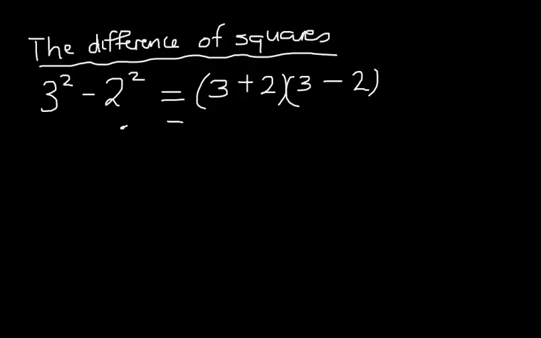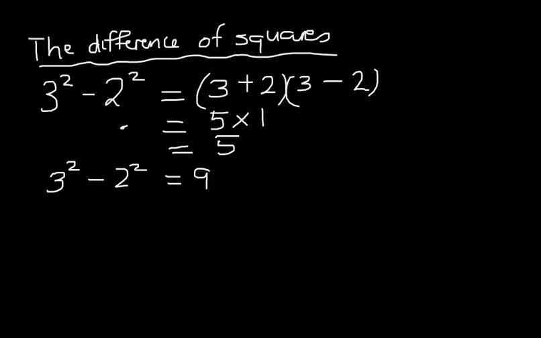So that gives you 5 times 1, and that equals 5. If you work it out the other way round, 3 squared minus 2 squared is equal to 9 minus 4, and that's also 5. So you can see that 5 is equal to 5. In other words, this works.